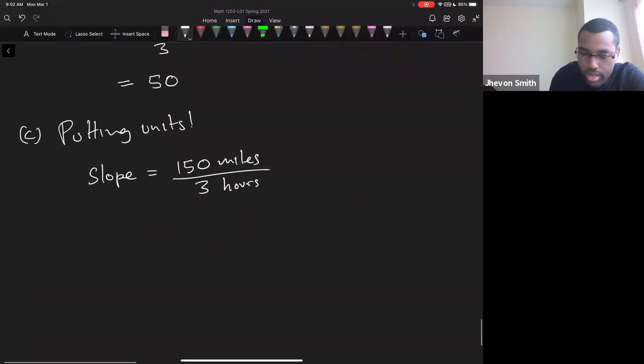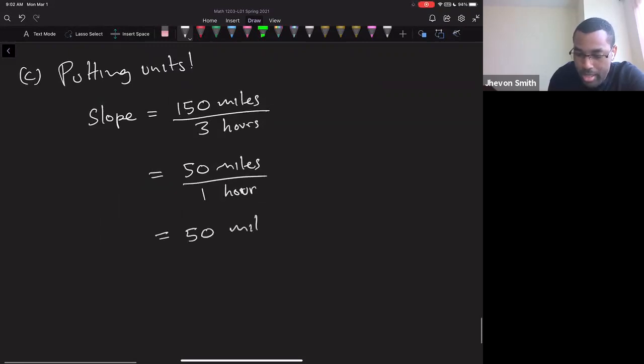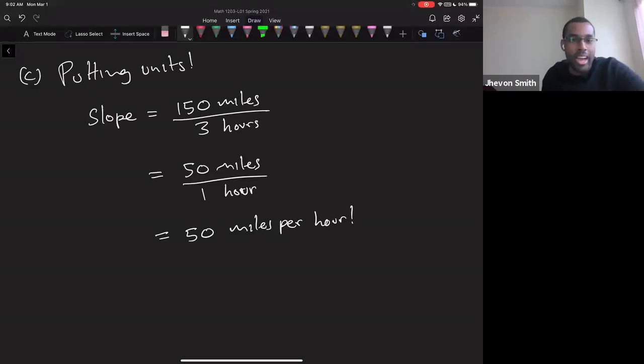And I can reduce this to 50 miles over 1 hour. In other words, we call this in everyday life 50 miles per hour. In other words, the slope is the speed. It's how fast the object was actually moving, which is interesting, right? So 50 miles per hour, that's how fast it was moving.